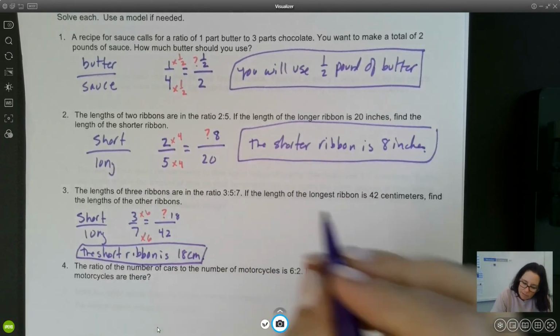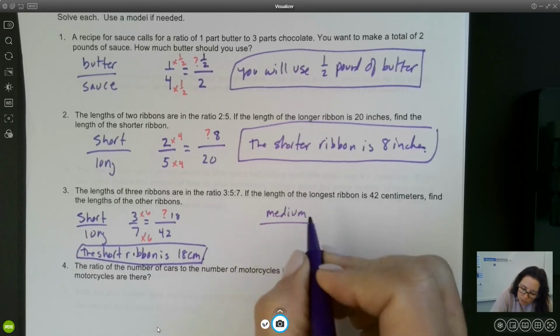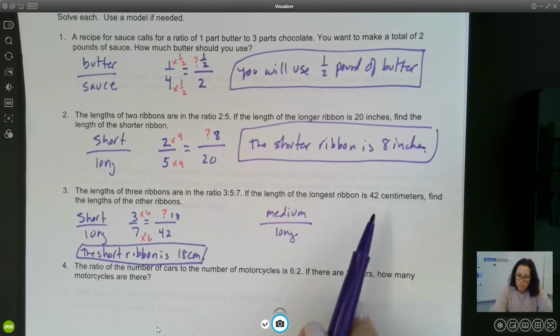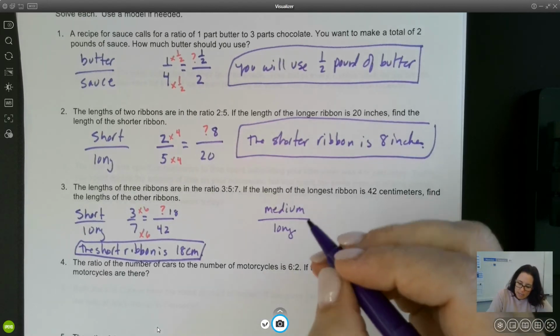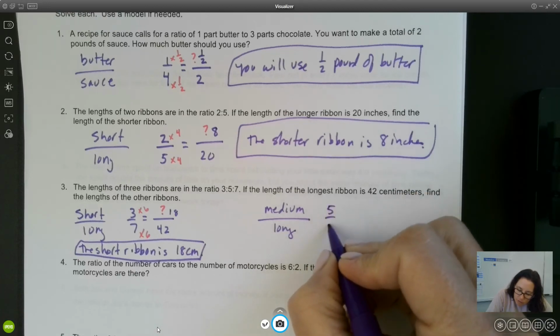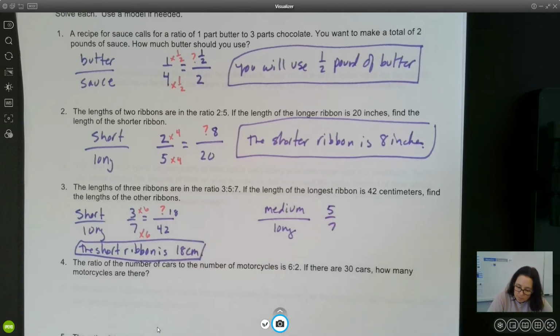All right, now I've got to do my medium one. Medium length ribbon over long. We always need to use the word long in this word ratio because we're given information on the long. Otherwise, we would have two unknowns and we can't figure it out. All right, so medium over long, I've got my 5 over 7 from this. My medium one is 5, my long one is 7.